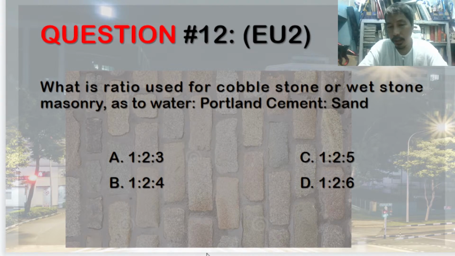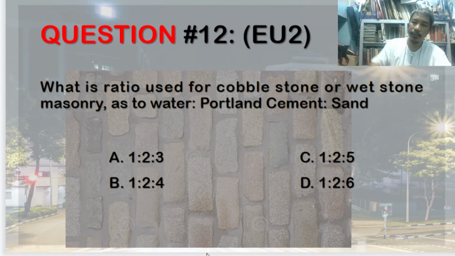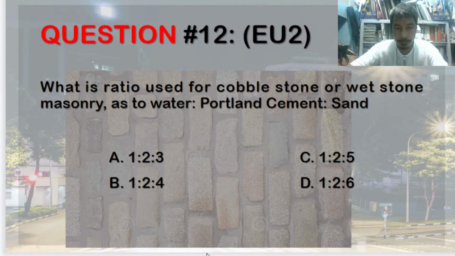So 1 part of water, 2 parts of cement, and 6 parts of sand. That is for mixing cobblestone masonry.